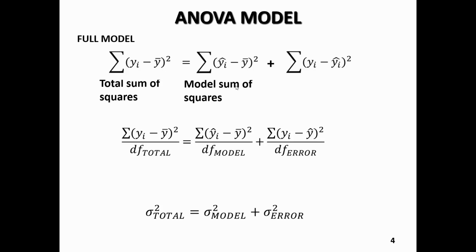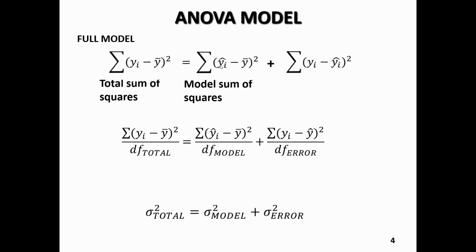The model sum of squares is based upon the hypothetical prediction model of your experiment, and so that will be equal to y hat, being the predicted value of y, subtract the average value of y, and that's done across all the observed values of x to predict a y value.